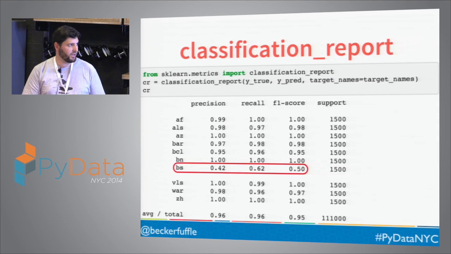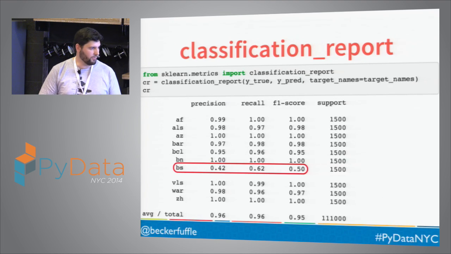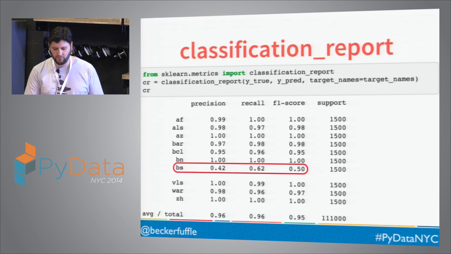So looking at the classification report, I can see right away that there's something funny going on with, in this case, the Bosnian language. And you might recall from our explore phase that Bosnian was really similar to a few other languages. So could this be impacting our accuracy?